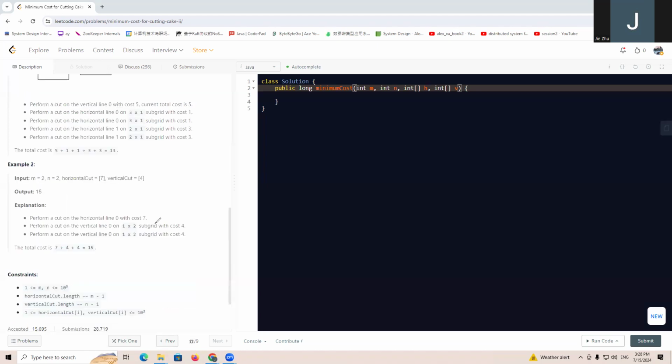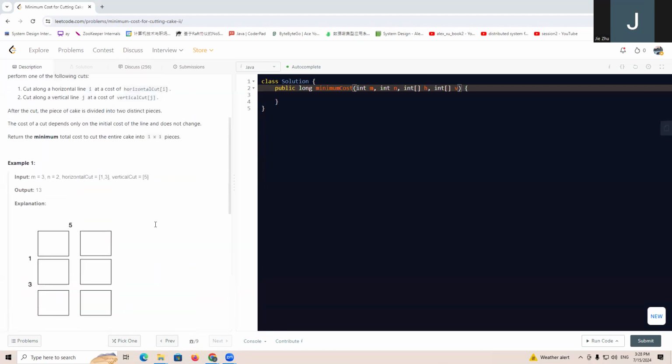So what this gives us is some kind of hint that we should cut the one with the bigger cost first, right? For example, the vertical cut, it is 100, a very big one, right?